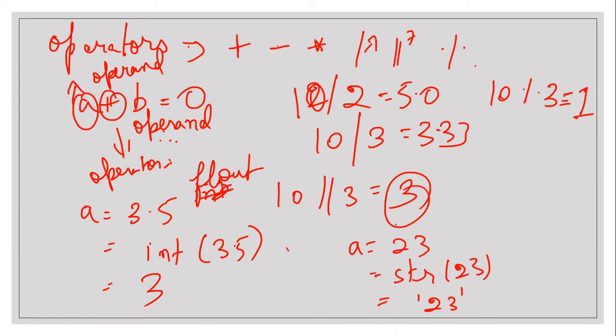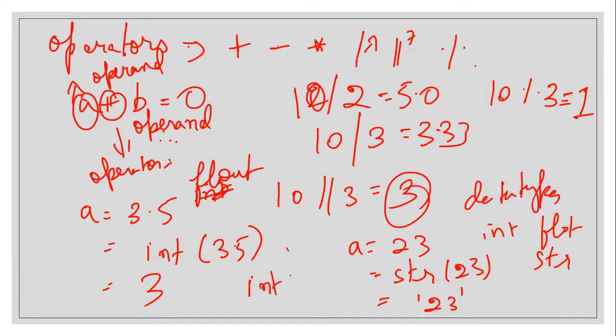So in this way you can convert all the data types: int, float, string, into different types, just by using the data type name and passing the variable you want to convert.